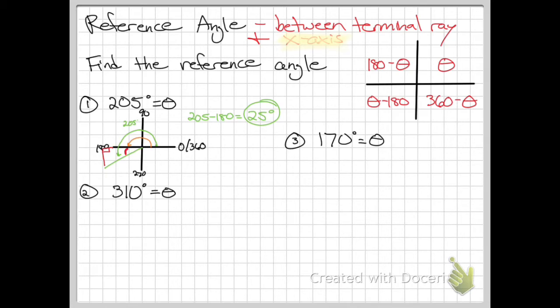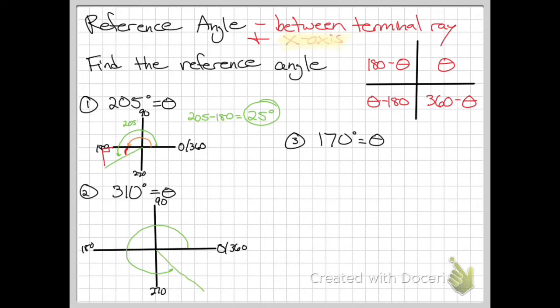Try number 2. So we've got our axes, and if you don't need to label your axes or draw your axes at all, that's great. This video is more intended for the people who do need the extra help. So 0, 90, 180, 270, back around is 360. So this angle, 310, positive, so counterclockwise, more than 270, so I know I land in quadrant 4.